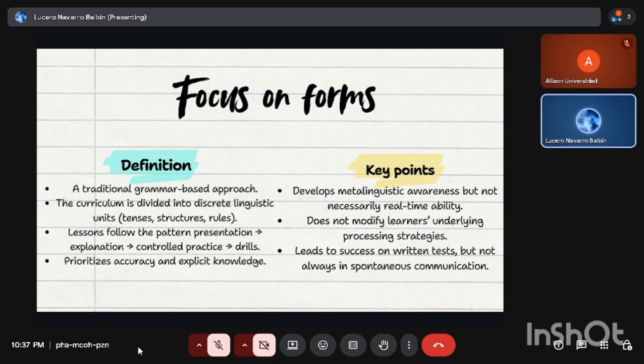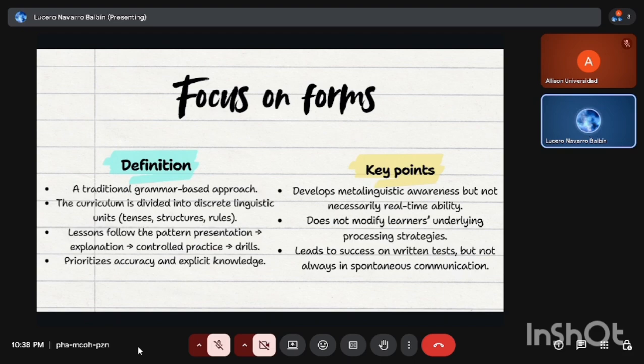Then students practice it with control exercises. Then they move on to drills, fill in the blank activities, or transformation tasks. The focus here is strongly on accuracy. Grammar is taught explicitly, and the goal is for learners to master each form one by one.